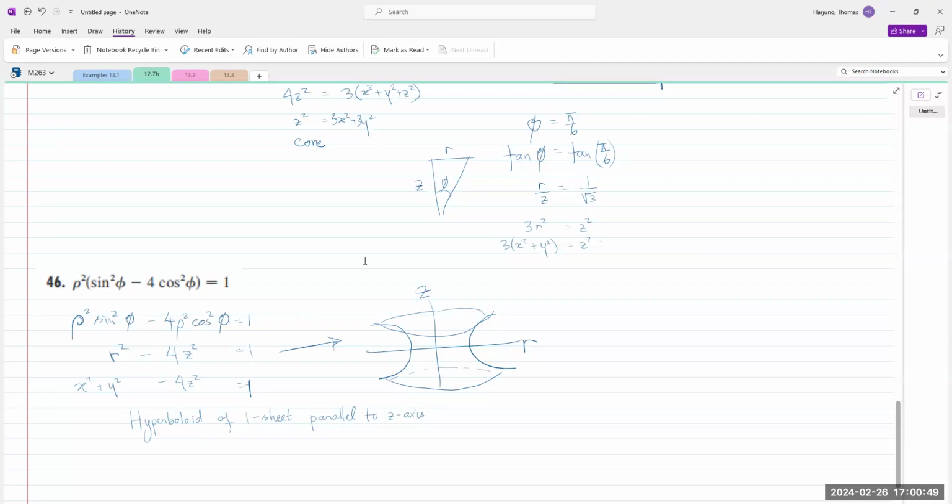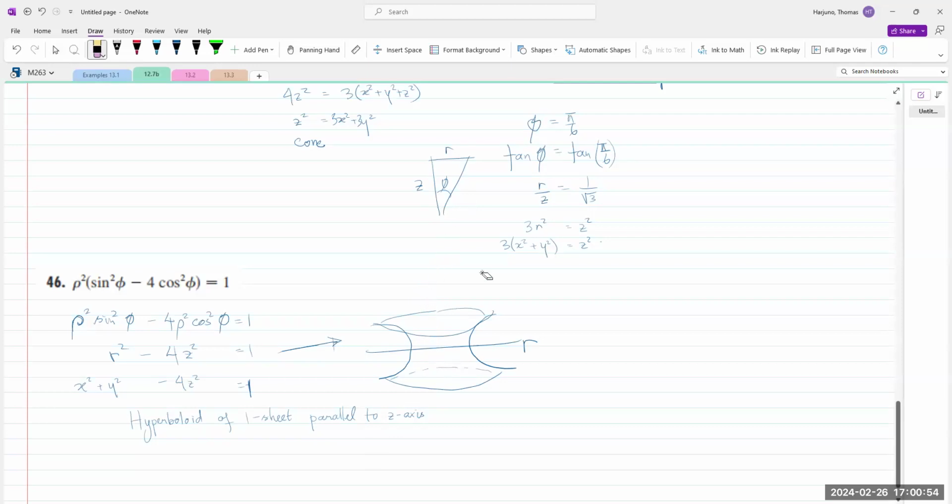Because imagine if I have the z-axis actually somewhere else. It is still parallel to the z-axis, but the axis of this hyperboloid is not the z-axis. The axis is simply parallel to the z-axis. So I better say one sheet with axis at the z-axis like that.